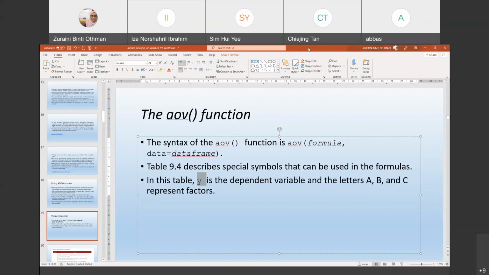For example, Y is graduate employability, and it depends on the course, which is A. If you mention CGPA, maybe it is B, and C maybe the internship place.